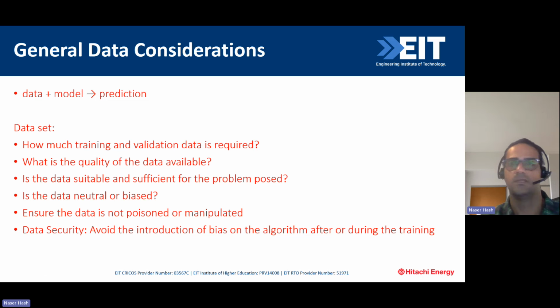For example, a temperature must be between 50 and 60 degrees, or the current must be within a certain range, but it has been over or below. It might be a sensor issue, or it might be a data collection process issue. So we should have proper data.